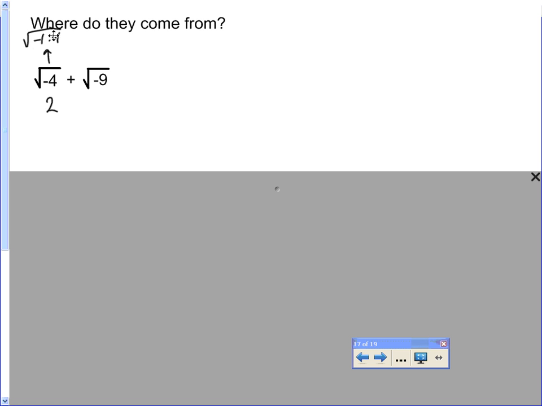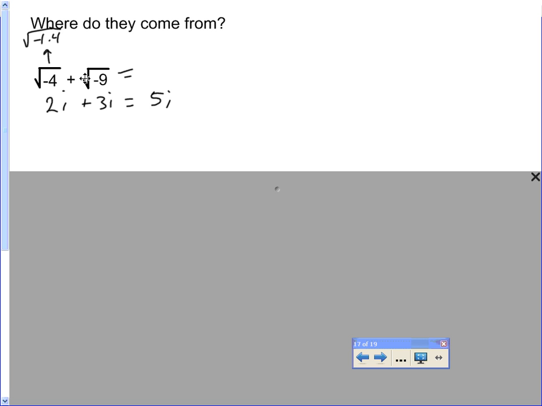So I can break that square root up and give it to both ones. The square root of 4 is 2, square root of negative 1 is just i, and the square root of 9 is 3, the square root of negative 1 is i, so this really equals 5i.